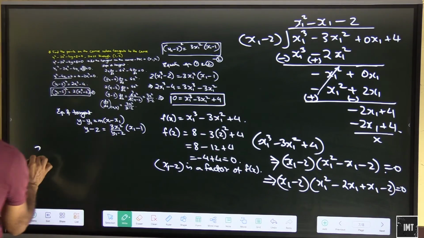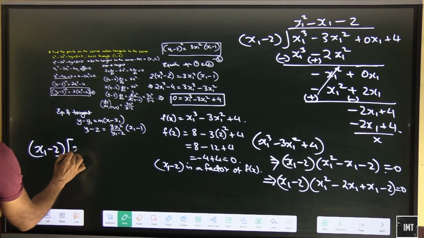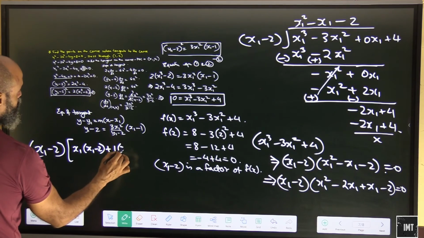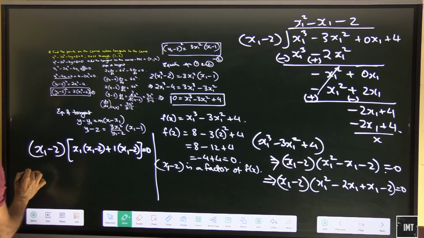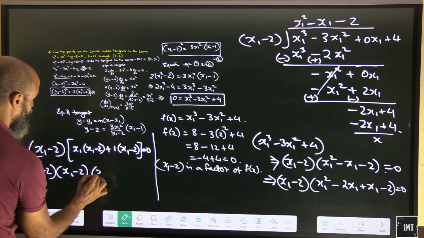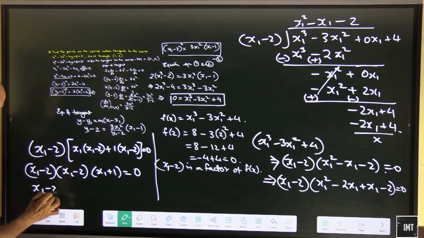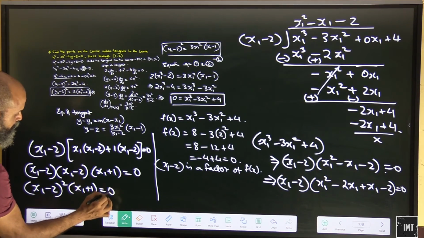So this is going to be x(x - 2) + 1(x - 2) = 0, so (x - 2)(x + 1) = 0. So (x - 2)^2 (x + 1) = 0.